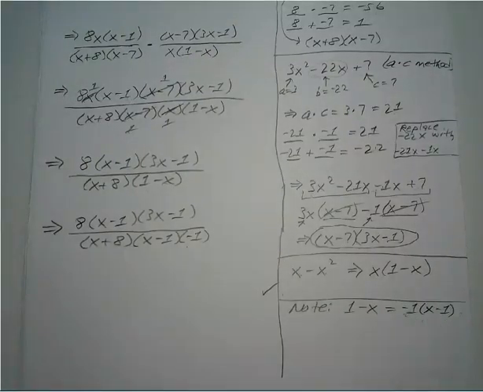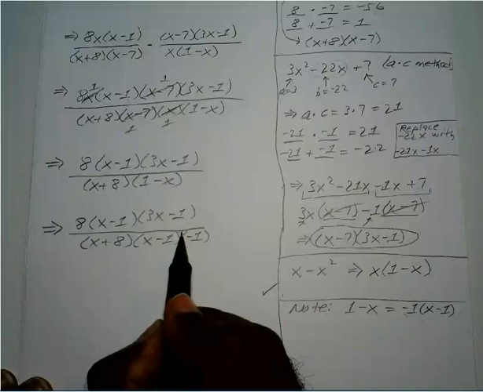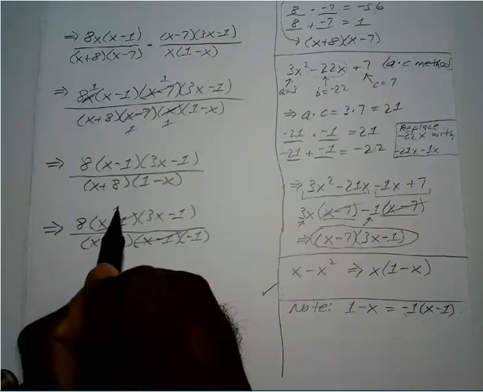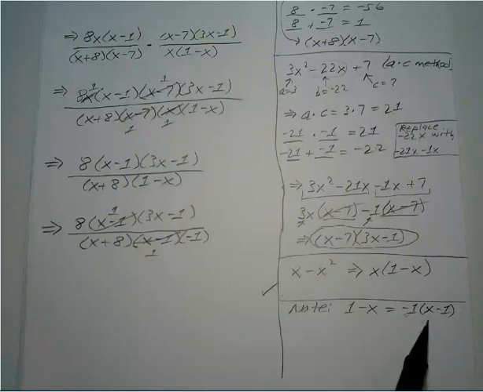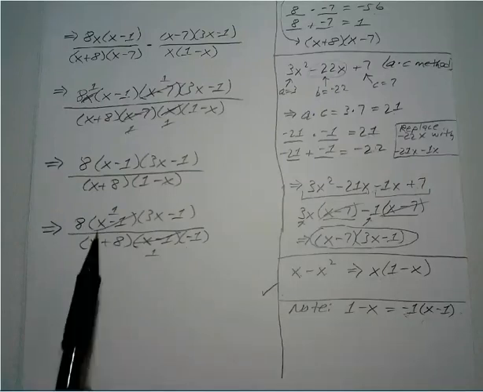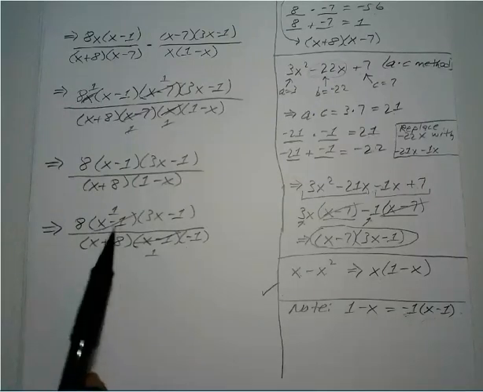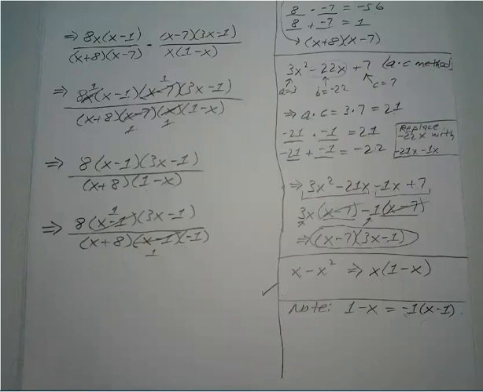I just put it there so I won't forget it after I'm done canceling. Now we can go ahead and cancel out the x minus 1. You'll probably see the need for that little trick quite a few times. So when you see two expressions that have the same terms but they're switched across a minus sign, you want to remember that step.